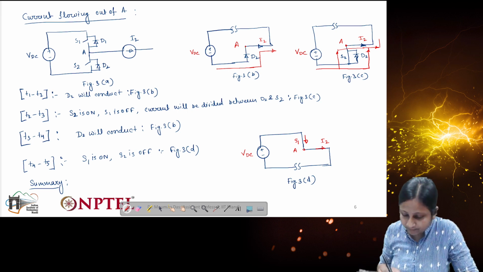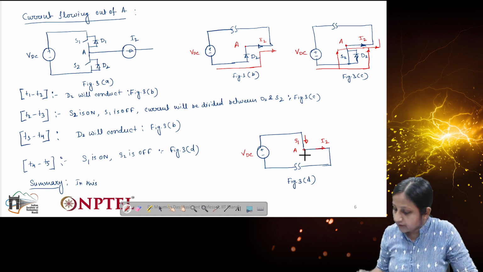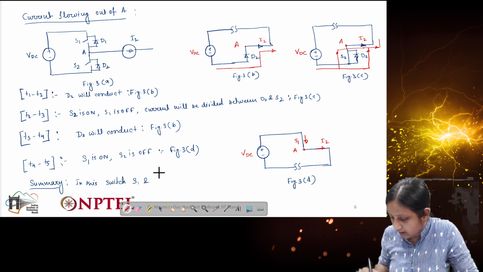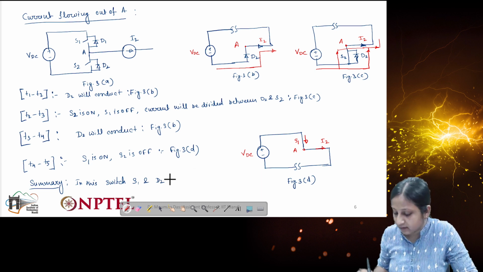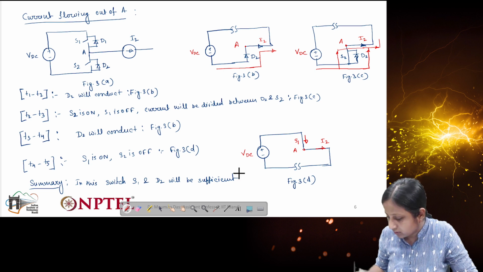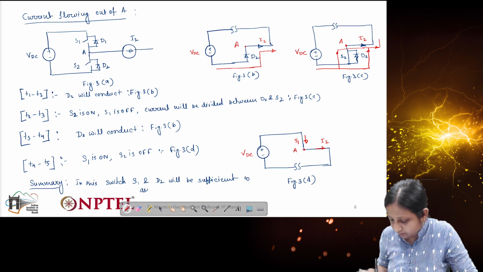So in this case, switch S1 and diode D2 will be sufficient to get the behavior of the switching commutation.